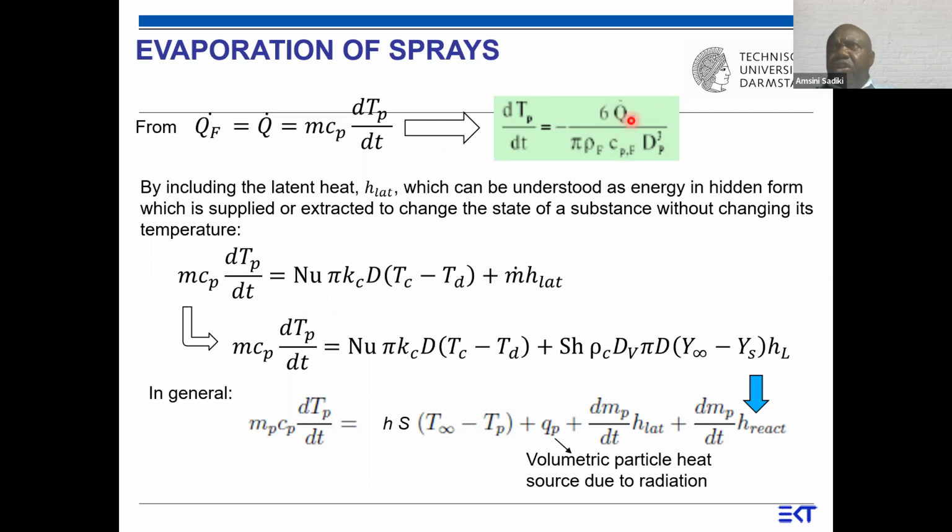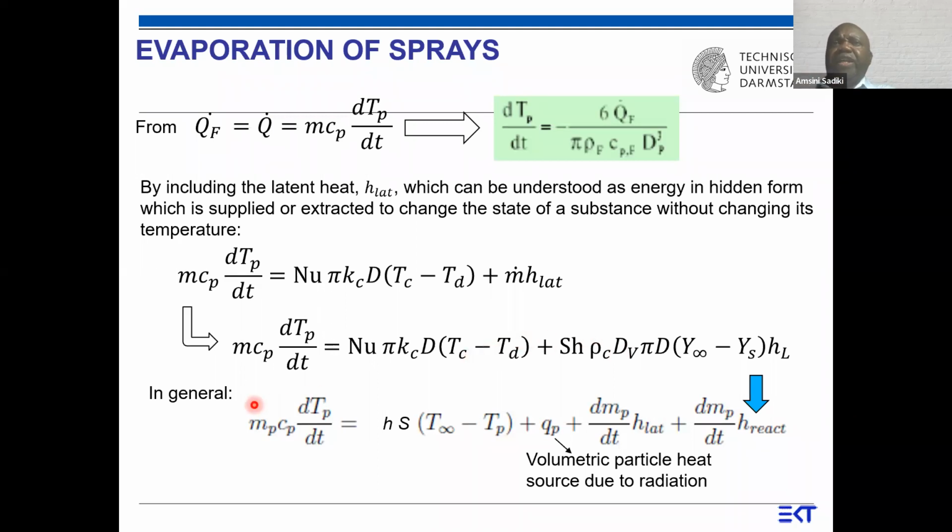If we know this expression here as we did, we have two terms: the first term and the latent heat. If we also replace this m dot by the expression we got here, in the case where we have no Stefan flow, then we have this term and this term. And here we have the coupling between the mass transfer and the heat transfer.